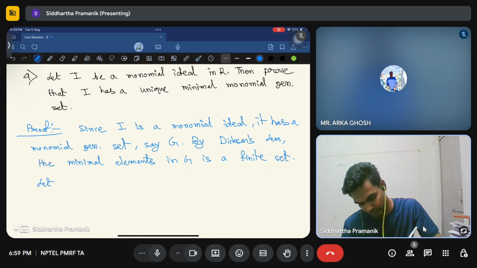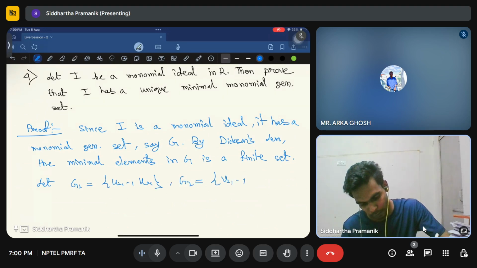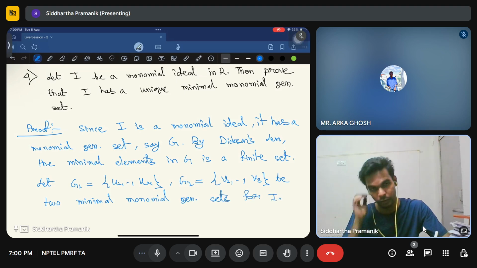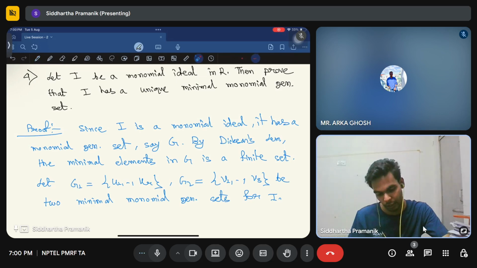Let G1 equal U1 up to Ur and G2 equal V1 up to Vs be two minimal monomial generating sets for I. We need to prove two things here for uniqueness.